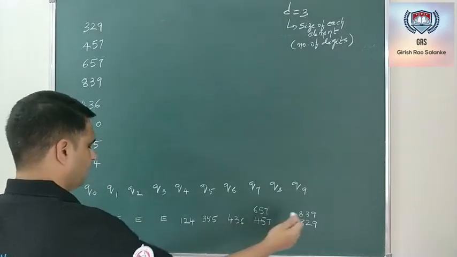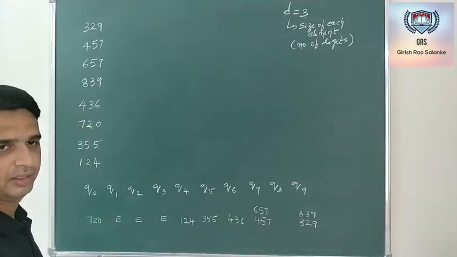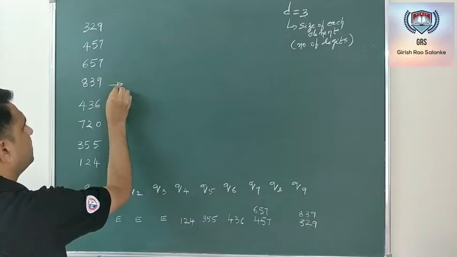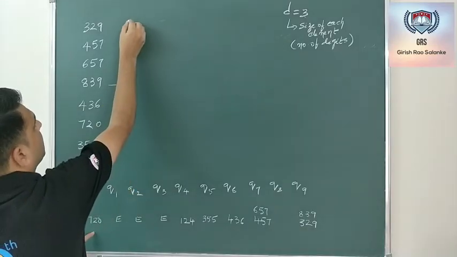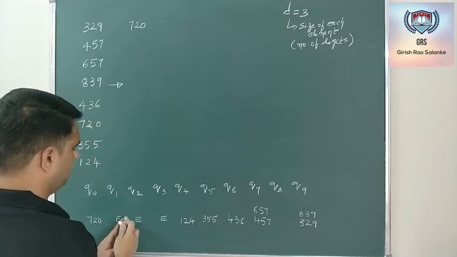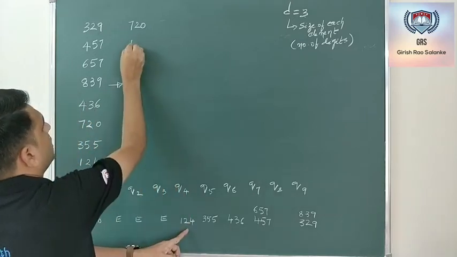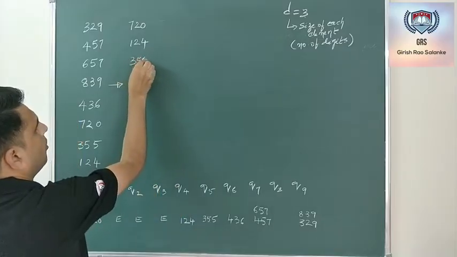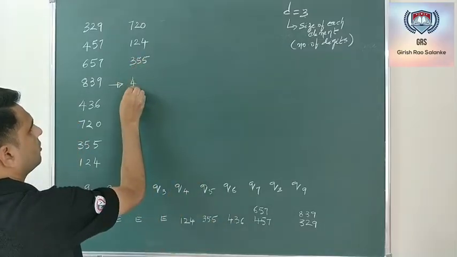Now what will I do? I will concatenate all these things together now. I will take the elements from the first Q. The first element is 720. Second Q is empty. Next is 124. Next is 355. Next is 436.